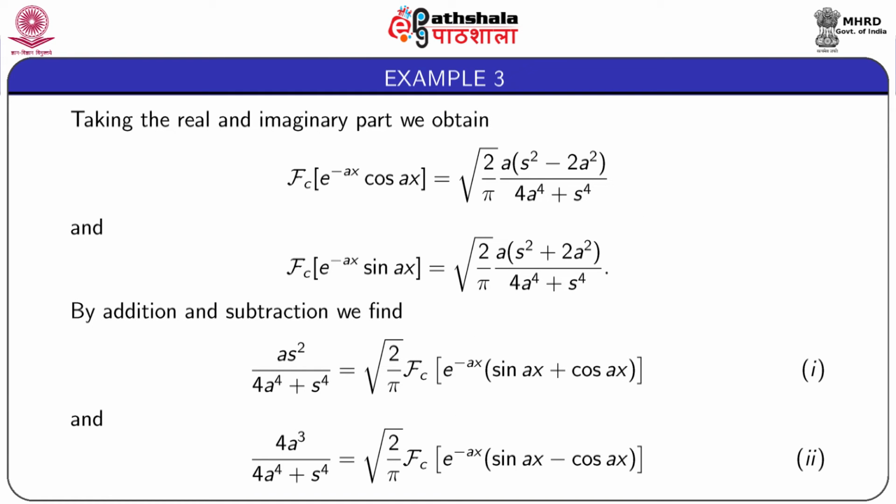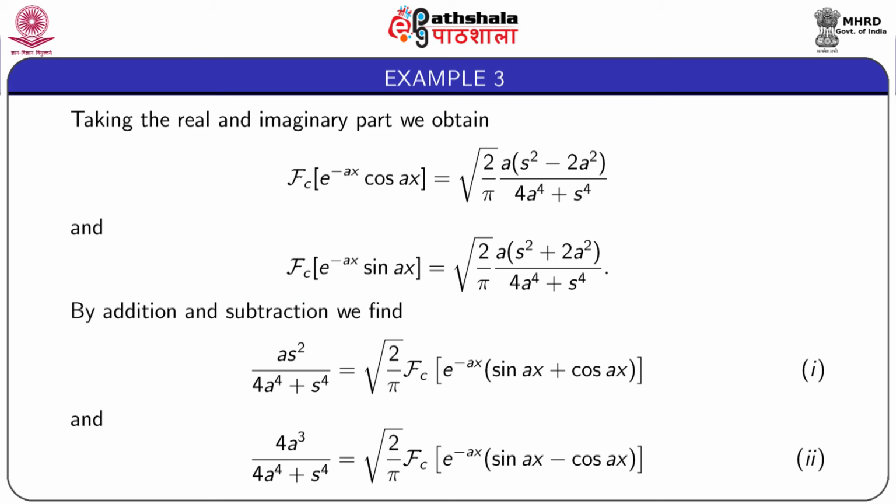Taking the real and imaginary parts, we obtain the Fourier cosine transform of e to the power minus ax cos ax equal to root over 2 by pi a into s square minus 2a square divided by 4a^4 plus s^4, and the Fourier cosine transform of e to the power minus ax sin ax as root over 2 by pi a into s square plus 2a square divided by 4a^4 plus s^4.